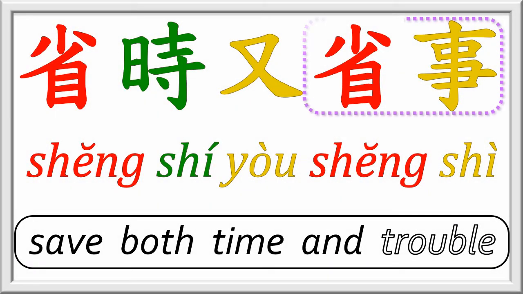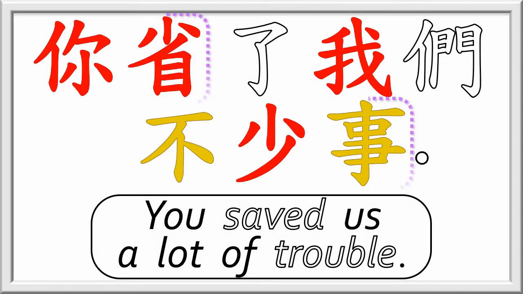Now here's a phrase using 省 to mean reduce or save. 省时又省事. Save both time and trouble. 省 and 事 can be separated, as in this sentence. 你省了我们不少事. You saved us a lot of work, a lot of trouble.